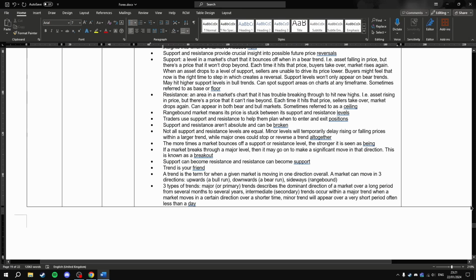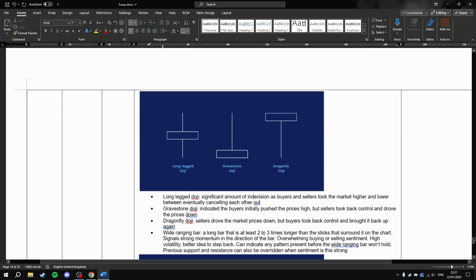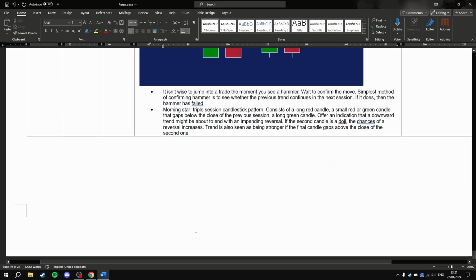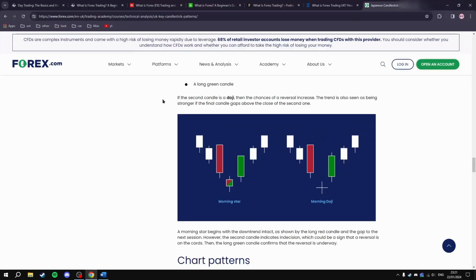I think that should be the buying or selling price.